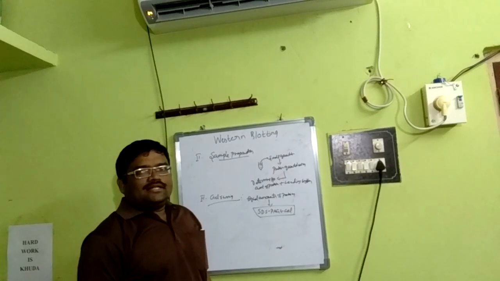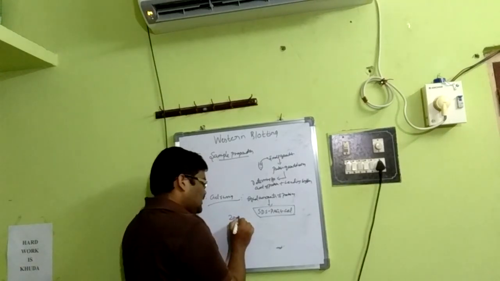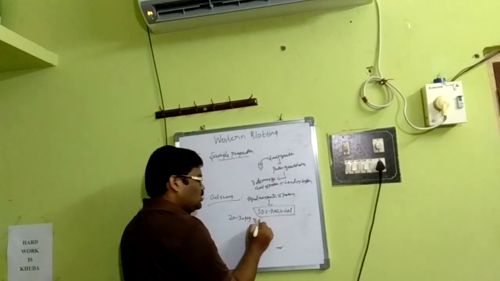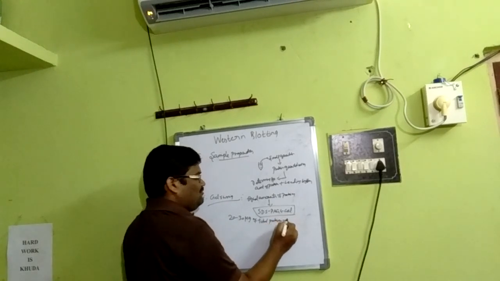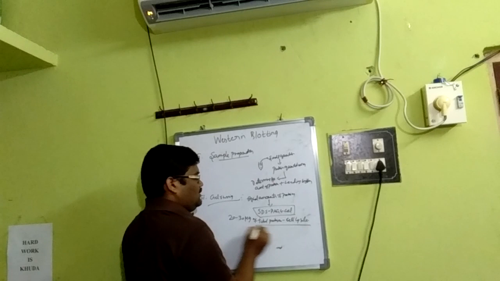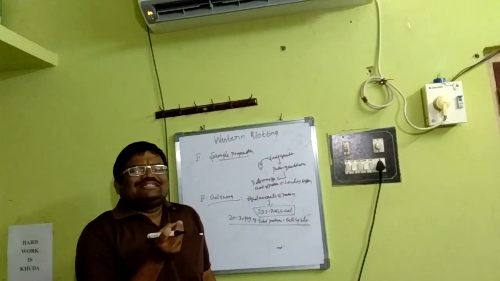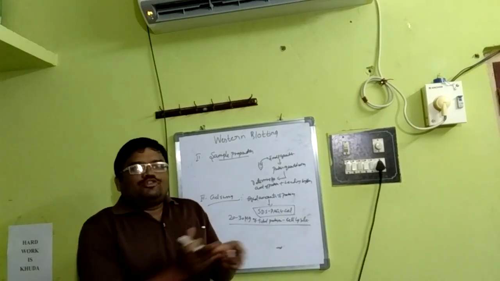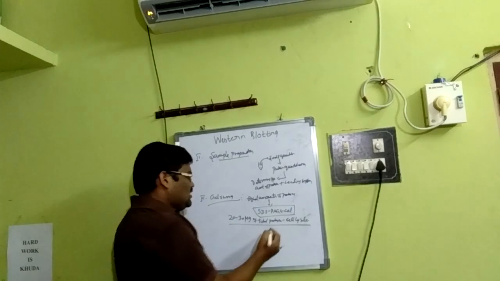Say for example, 20 to 30 µg of total proteins of cell lysate. We got the lysate now. Say out of total protein, 20 to 30 µg of protein will be loaded into the SDS-PAGE well. Then we have to run the gel.